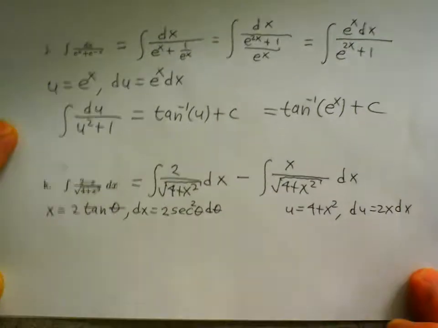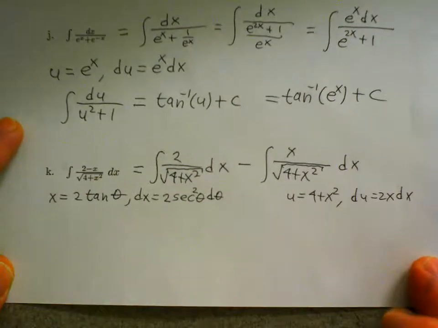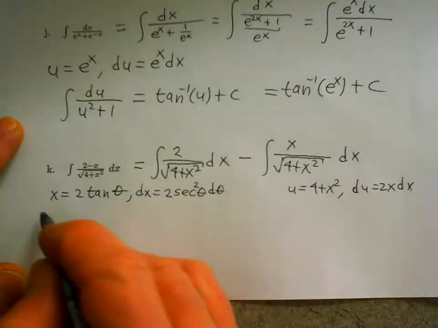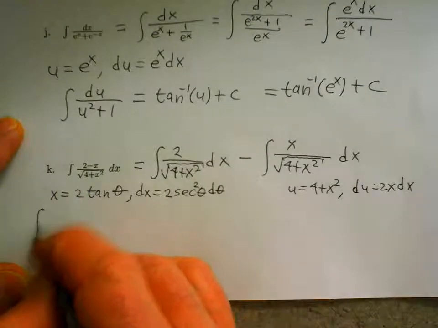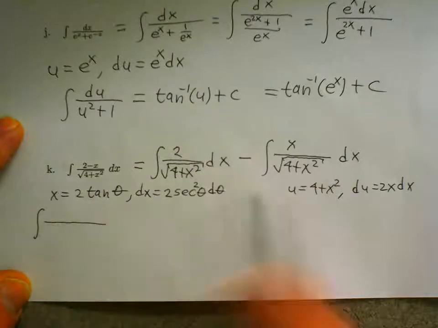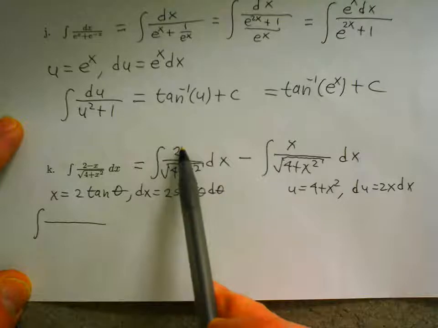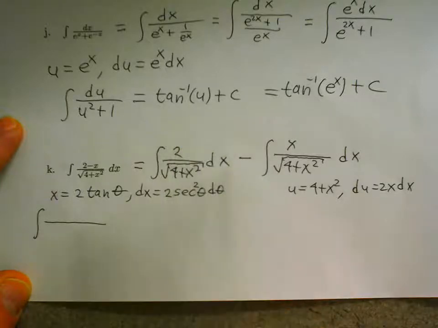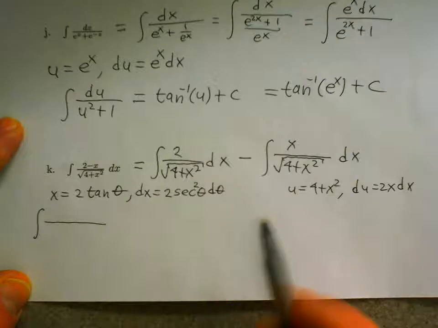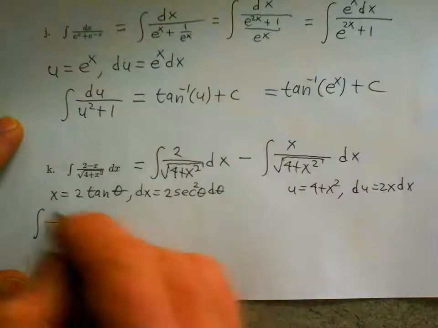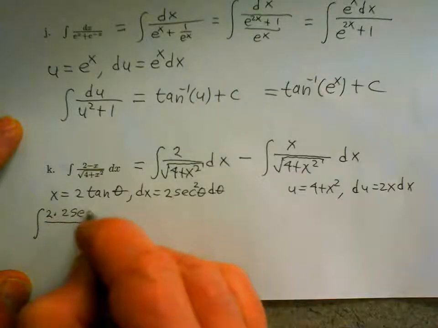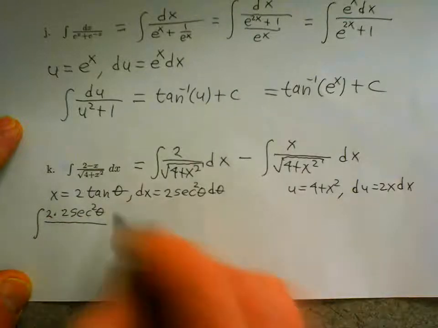Okay, so let's take these a couple of steps further. So I'll replace dx in the numerator. So we already have a factor of 2, and then multiply that by 2 times secant of theta squared d theta.